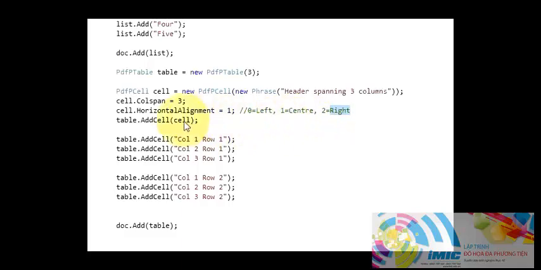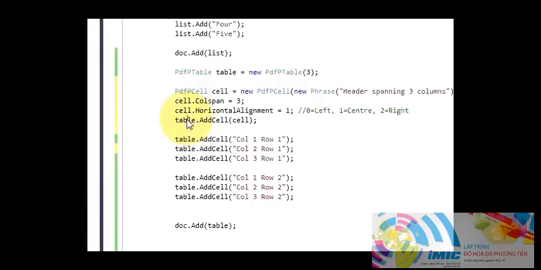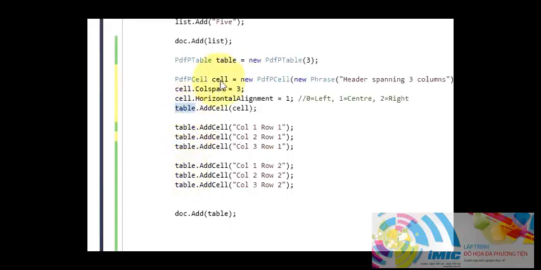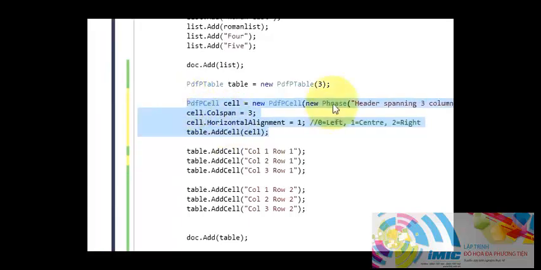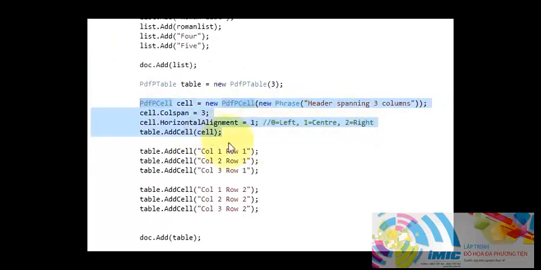Okay, and then just like in the table code, write this table variable dot AddCell and just copy and paste this cell here. So this will add a header to your table.